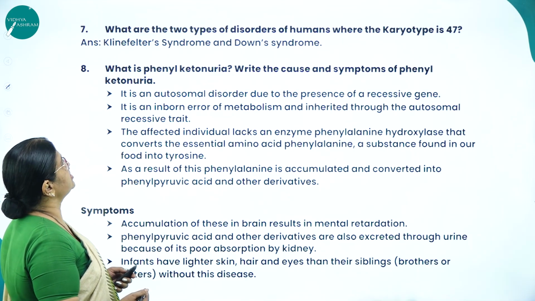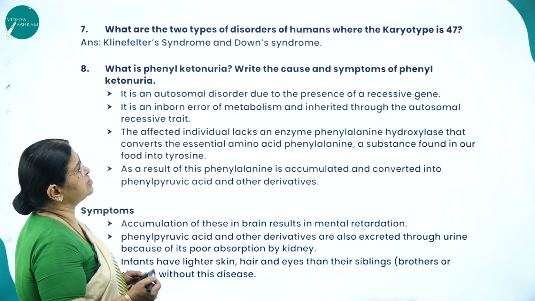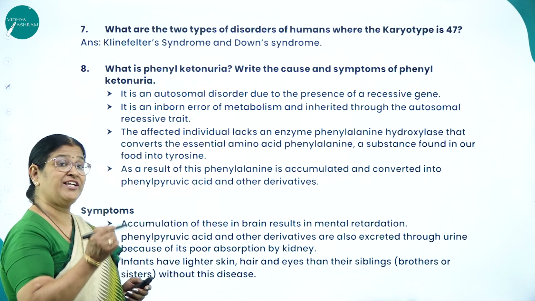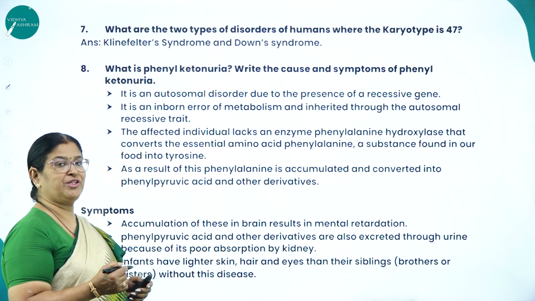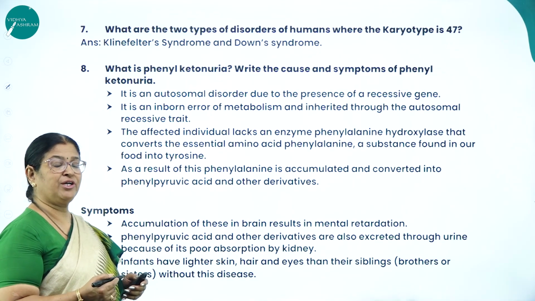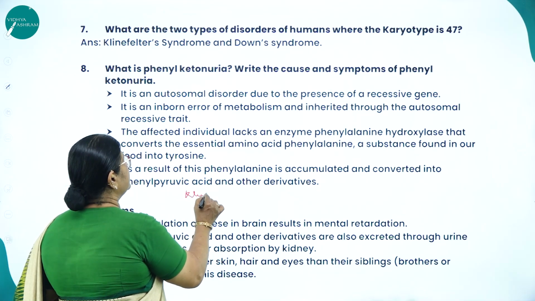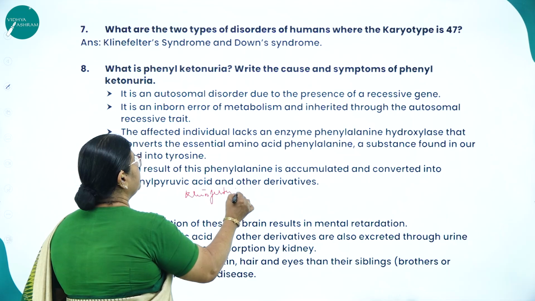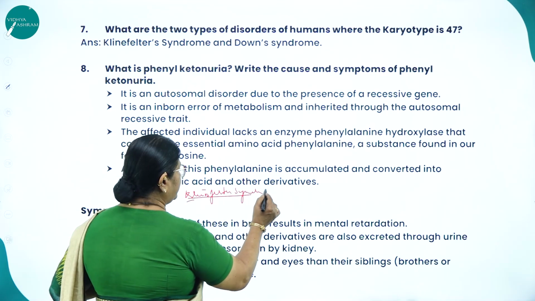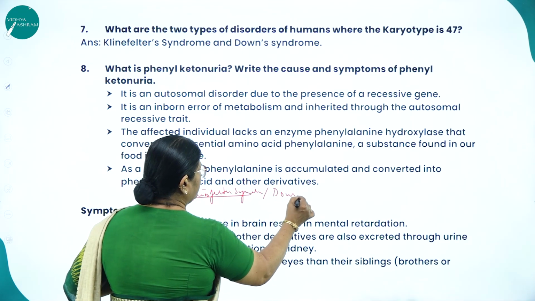Moving on to the next question. What are the two types of disorders of human where the karyotype is 47? Already I told you in the previous slide, the karyotype or the chromosomal complement for Klinefelter's syndrome and the other one is Down syndrome.